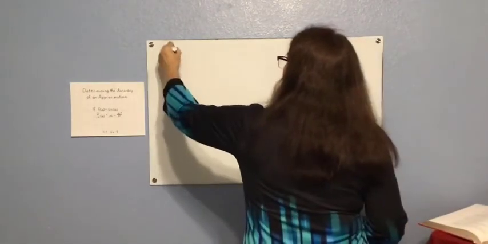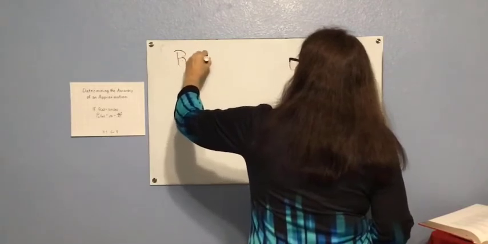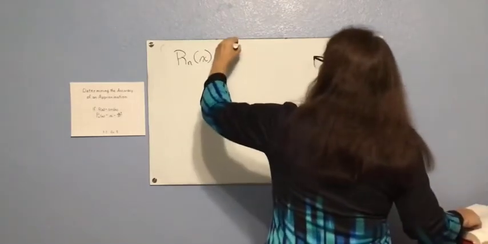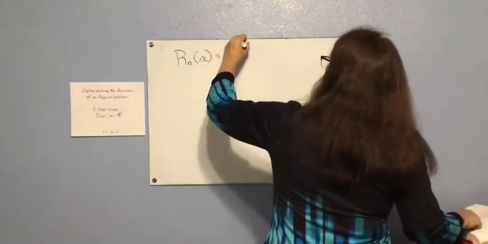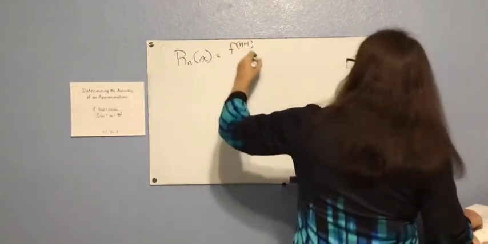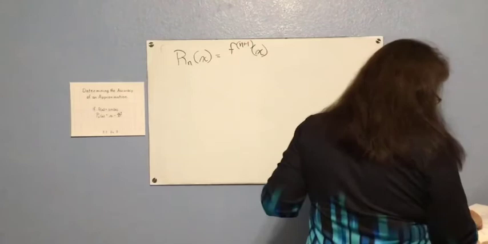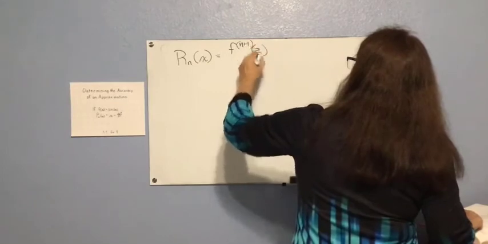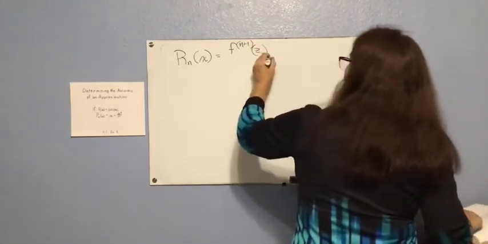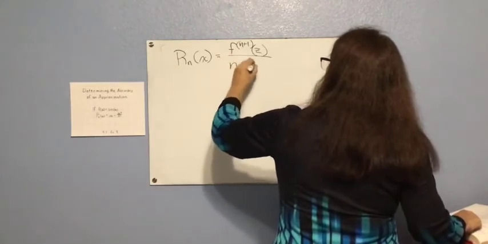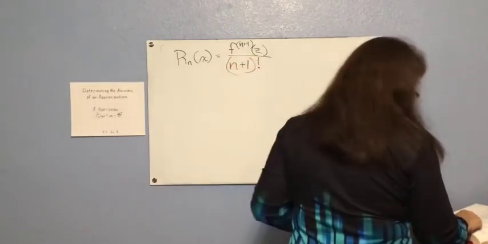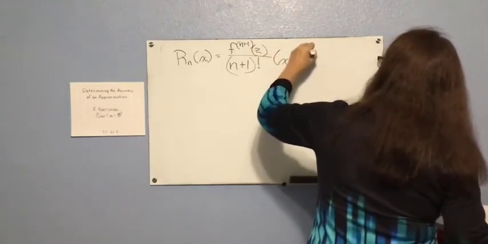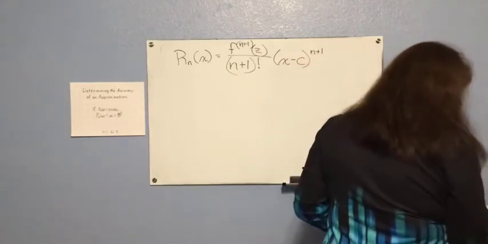And to define it a little better, r sub n of x is equal to f, the next derivative, there should be z in here, over n plus 1 factorial times x minus c to the n plus 1 power.